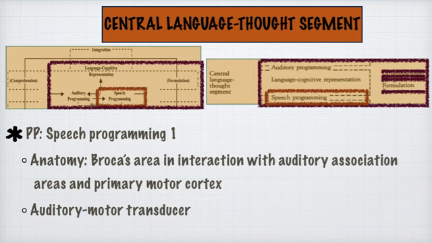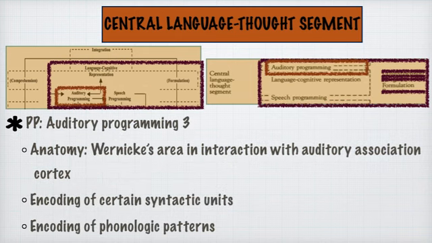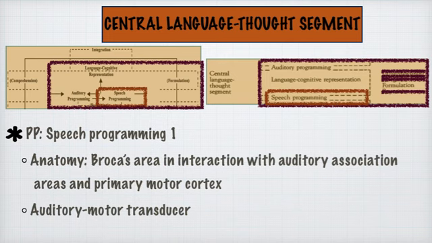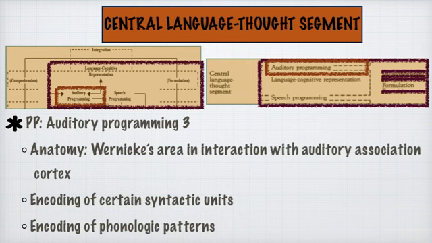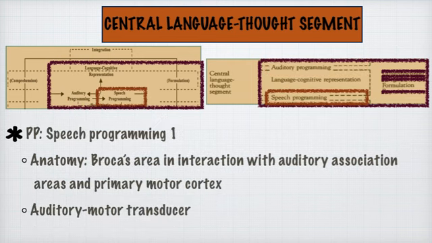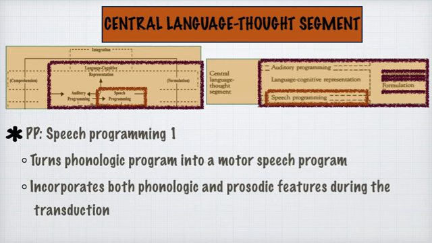It translates information from our auditory programming, since speech is still sounds. It goes from premotor, still premotor but heading toward motor control. Okay. So it turns the phonologic program into a motor speech program.